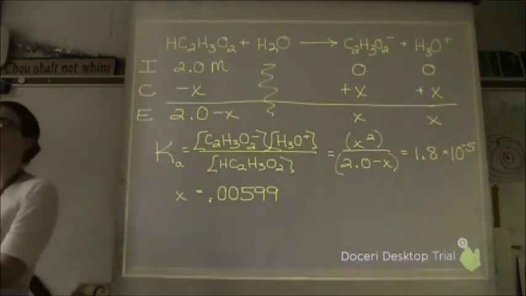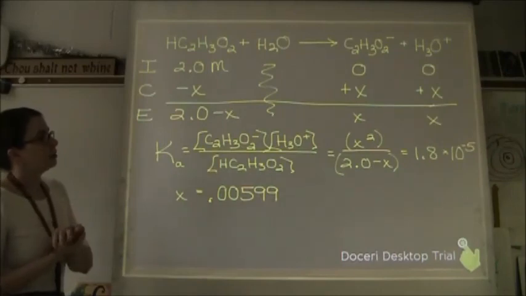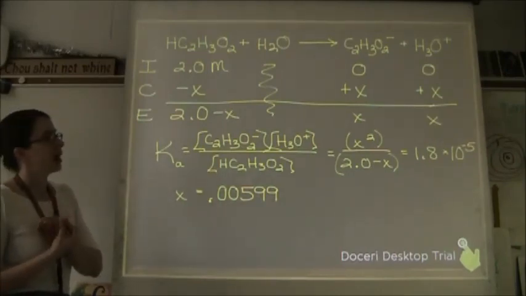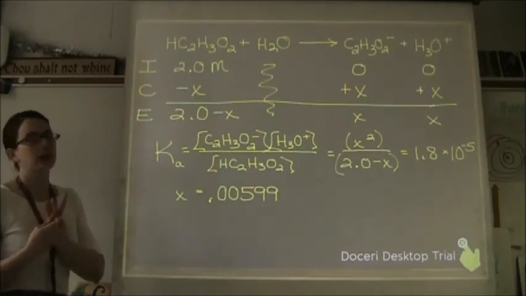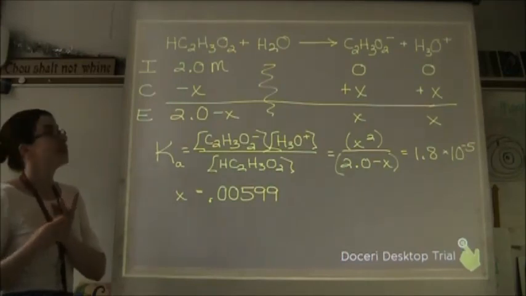But guys, let's try and find the pH. Tell me again, what's the one piece of information you need to find a pH? Concentration of what? H+. Okay, great. Well, look up in our reaction. I don't see H+, but I see something that is essentially the same thing, H3O+.